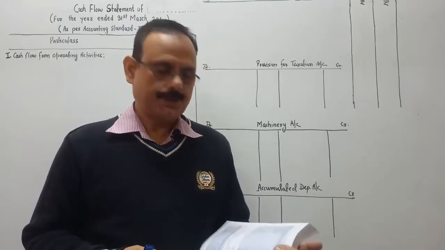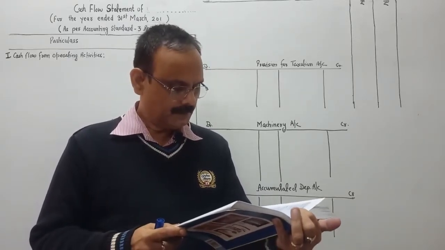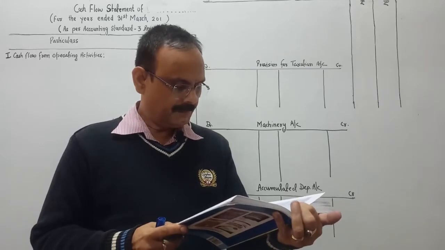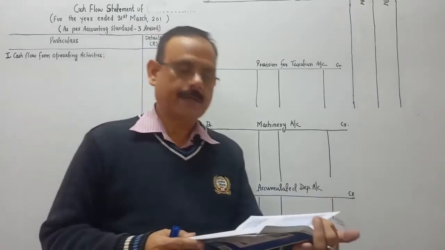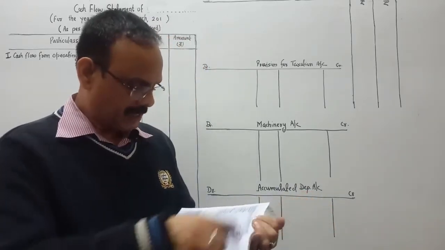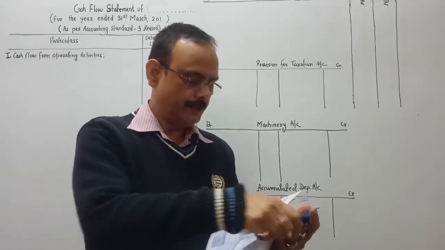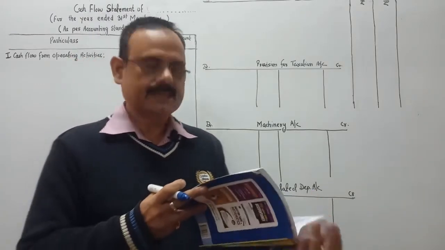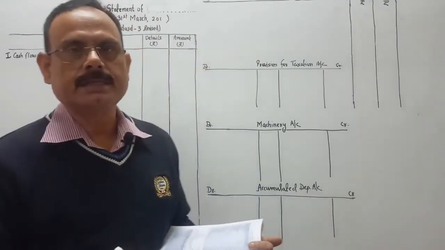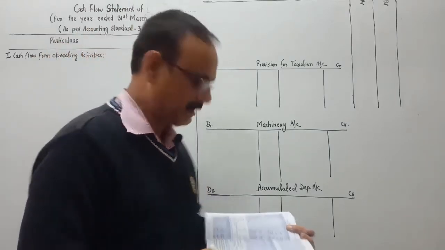Following is the balance sheet of Mavenka Limited as at 31st March 2017. So two consecutive years' balance sheet is given, 31st March 2016 and 31st March 2017.